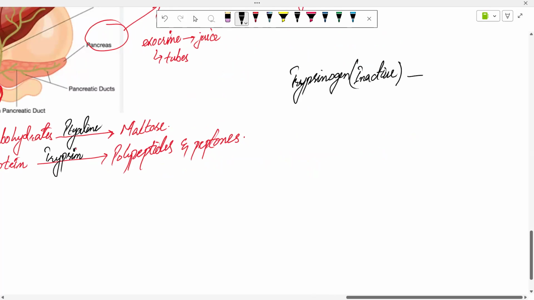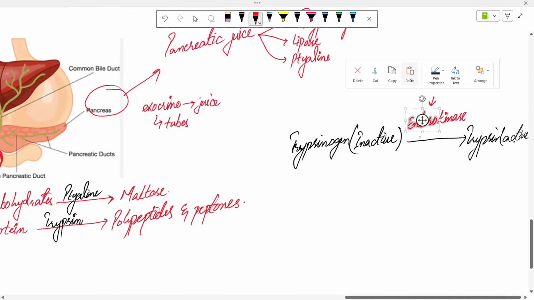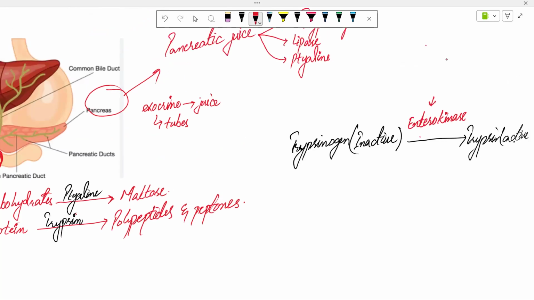It is converted to trypsin, the active form of the enzyme, with the help of another enzyme known as enterokinase. Enterokinase is released from the duodenum lumen.